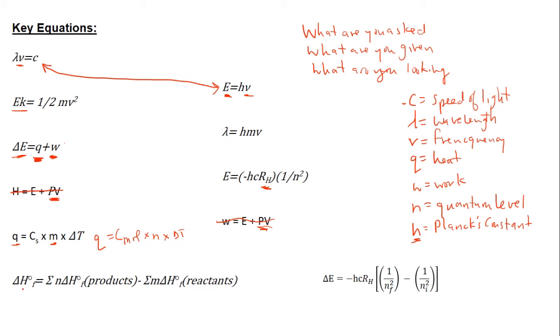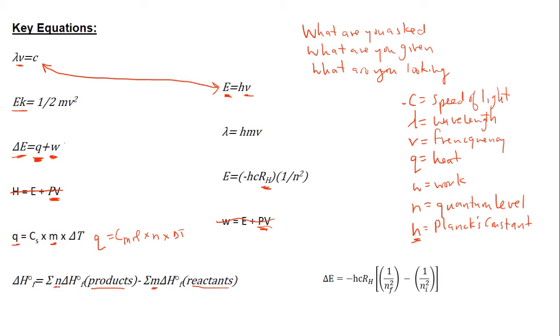As for our delta H of formation, you're going to be given a table of delta H's of formation for a reaction, and you need to put those together with respect to the delta H's of our products and the delta H's of our reactants, and take into account the molar amount of each.